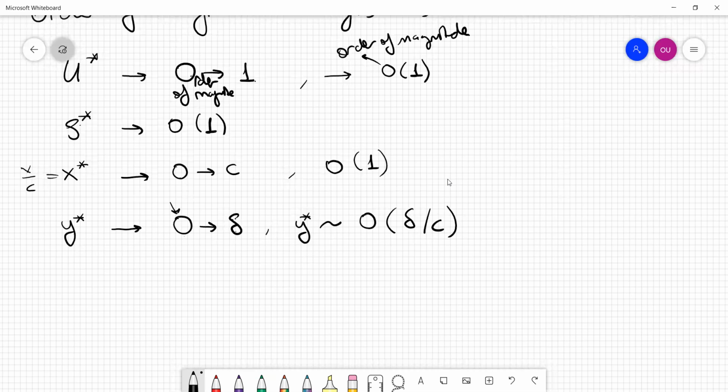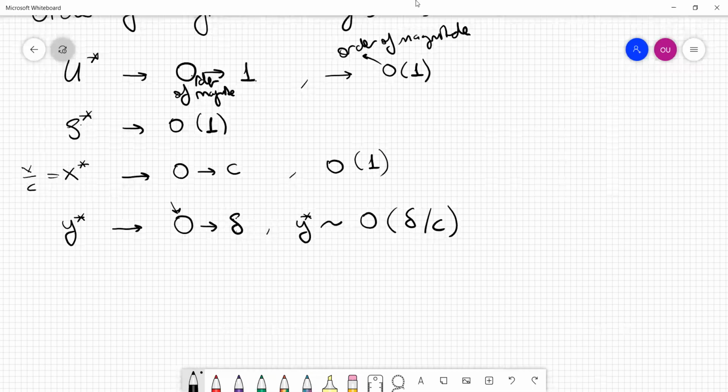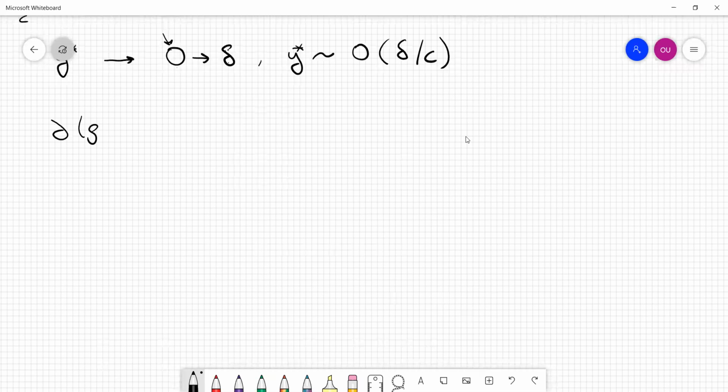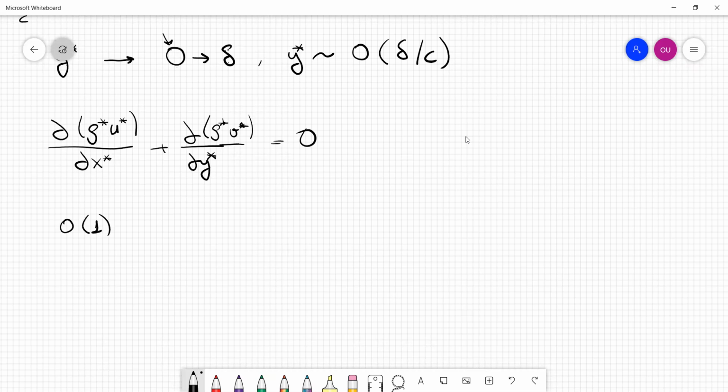Now, let's take a look at what we got here. Let me rewrite the equation again. Our original mass conservation equation looks something like this, and this is the non-dimensional form, with rho star v star. Now we discuss the order of magnitude of these terms. For rho star, it is order of 1.